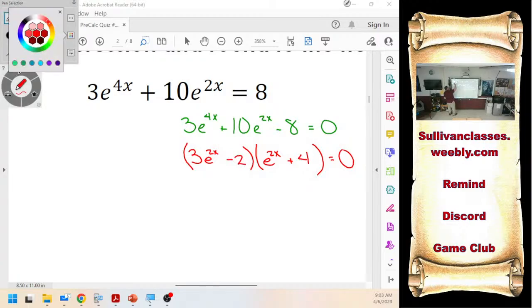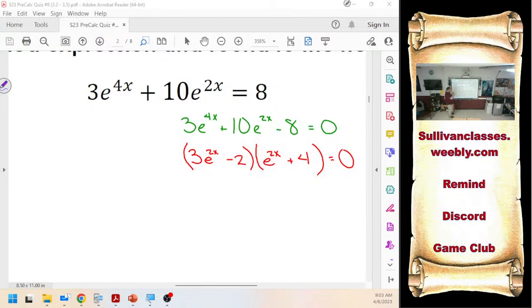And just like when we were doing these as plain old quadratics, set this equal to 0 and solve, I'll have e^(2x) is 2/3. I'll write the other work off to the side.